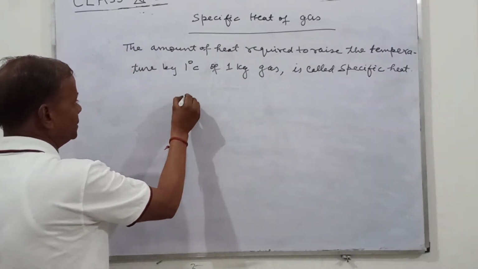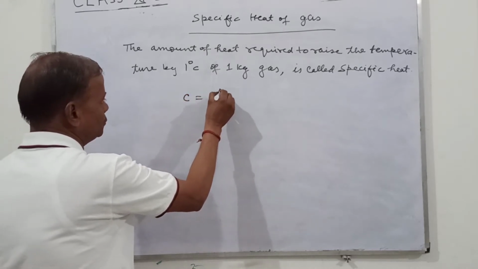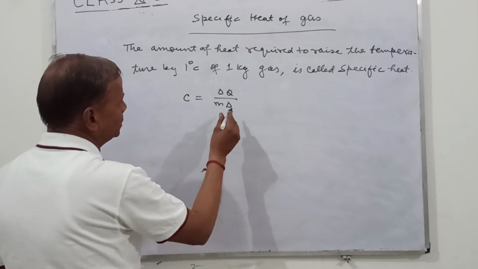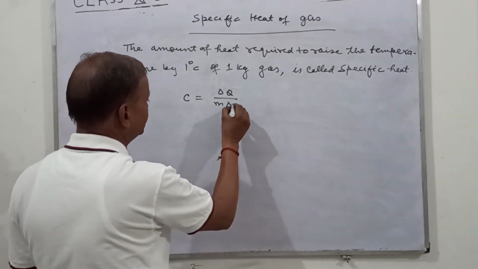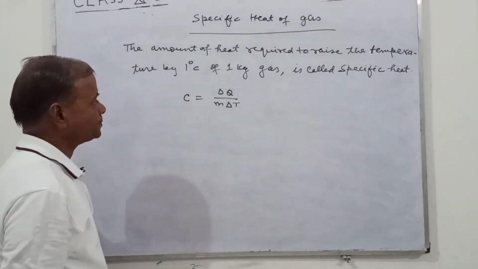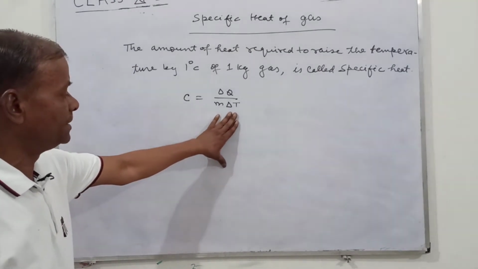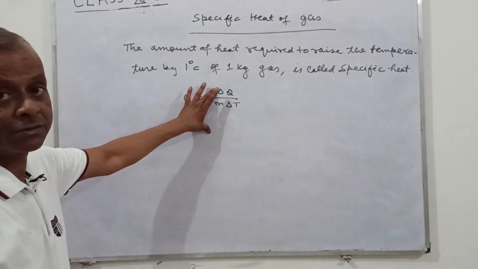And C is equal to delta Q upon M delta T. M is the mass of the gas, delta T is the rise in temperature, delta Q is the heat given to the system.